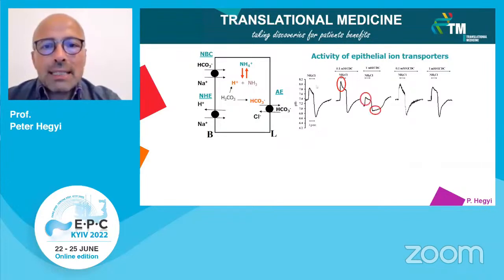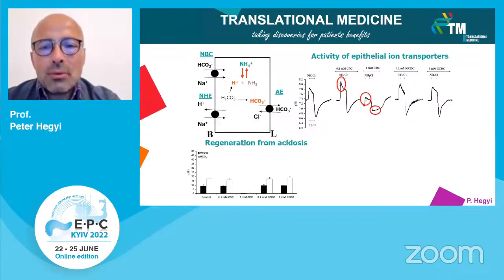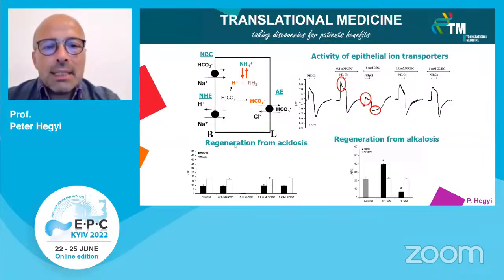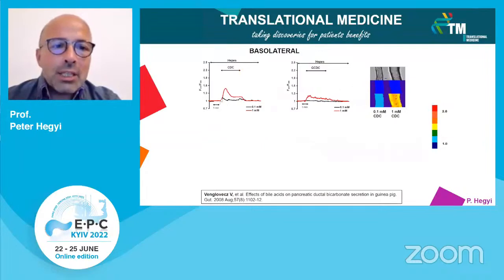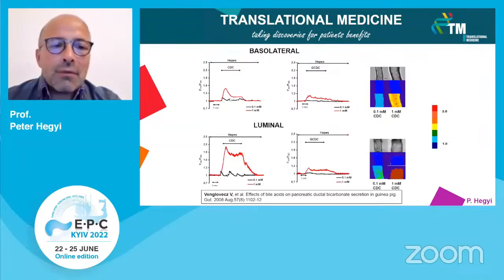We could show that bile acids in a low concentration stimulate, however, in a high concentration, totally inhibit the pancreatic ductal bicarbonate secretion, which actually works through a calcium signal pathway. Low doses of bile acids induce, from both the basolateral and luminal side, an oscillatory physiologic calcium signal.